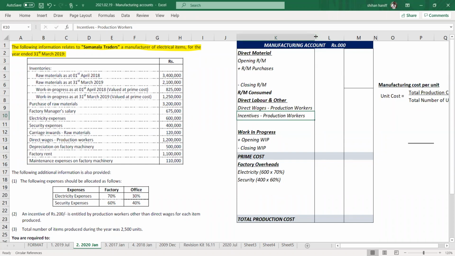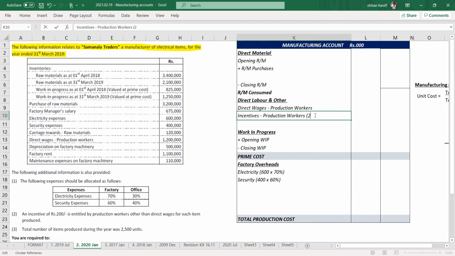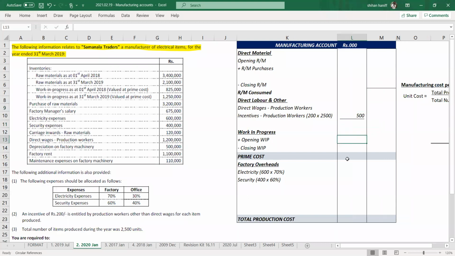Incentives calculated: 200 rupees into 2,500 units. You have to take in thousands. 500.